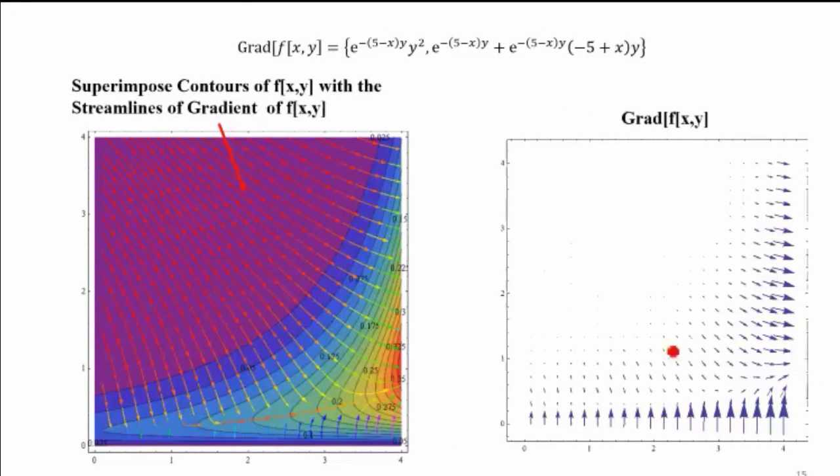Okay, so let's superimpose the contour plot and the streamlines. And this goes back to what I was saying, that the streamlines, first of all, go in the direction of the maximum rate of change if we started here. So it takes you up the function. Here's the high values of the function. Here's the low values. And so the streamlines just take you right up those values. But don't forget, you're in 2 dimensions.